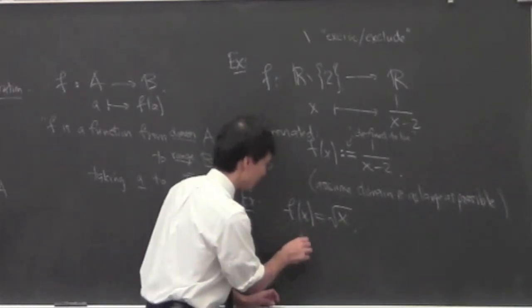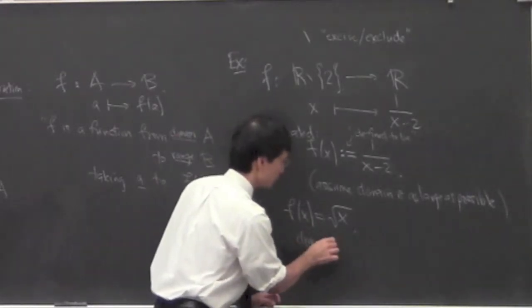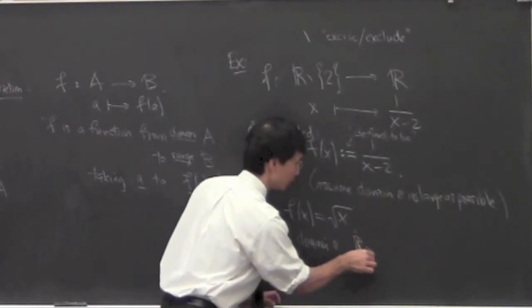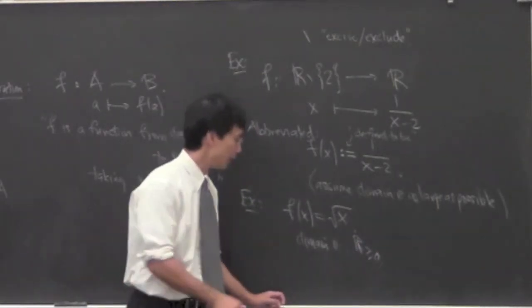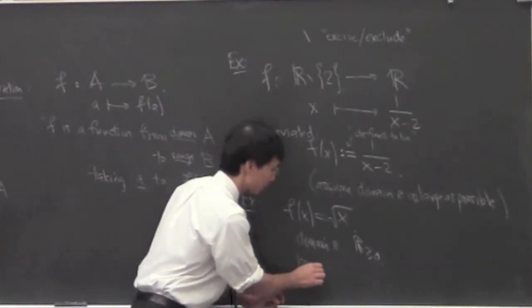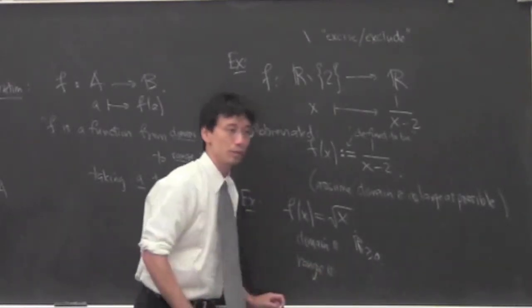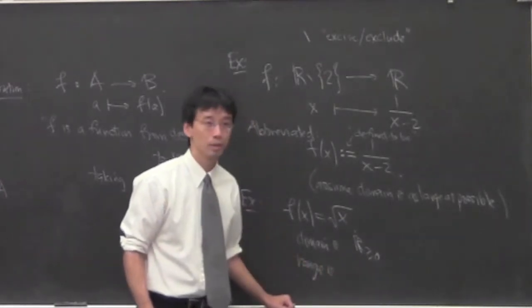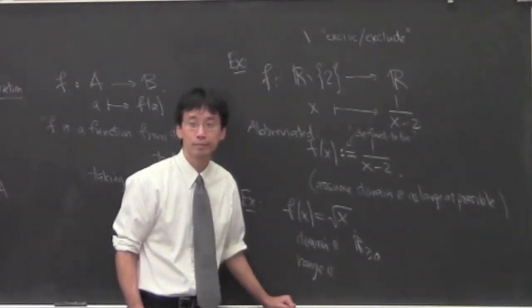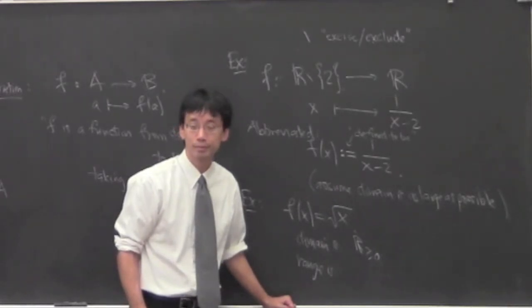So the domain is all real numbers greater than or equal to 0. And then the range, what's the range? That's what comes out of it, so it's all real numbers.